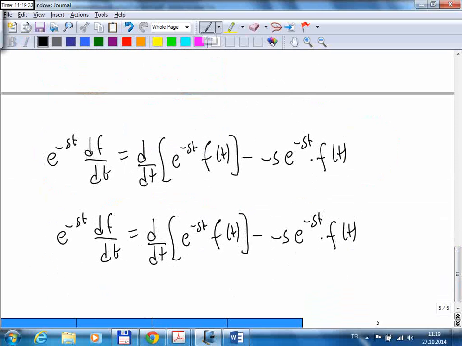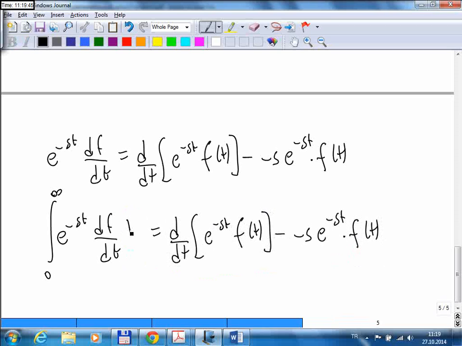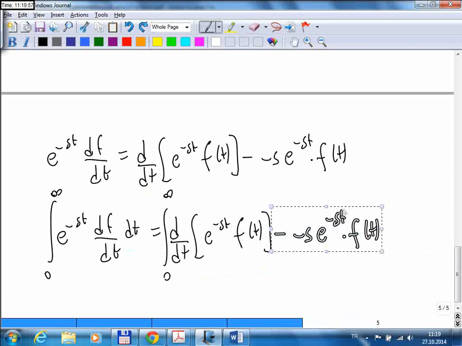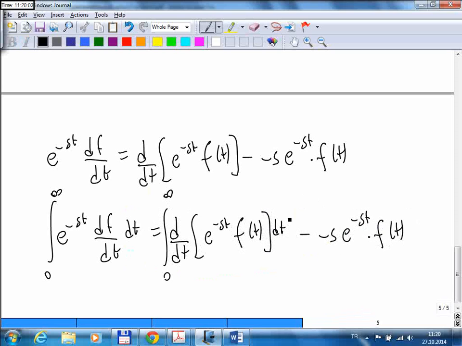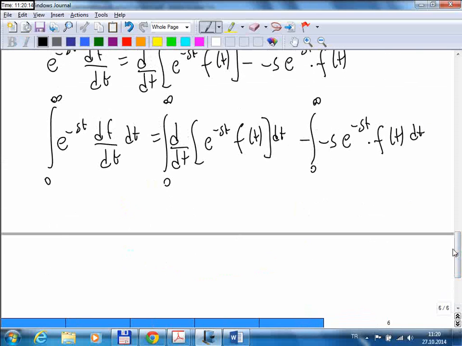So let's take the integral of this entire thing. The integral of the first part is very simple.